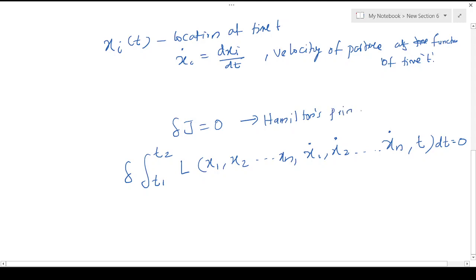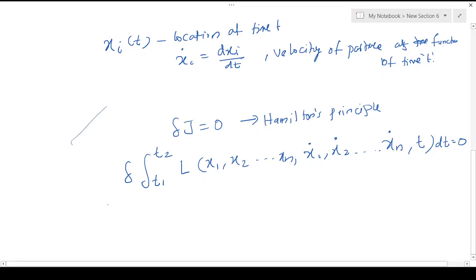In words, Hamilton's principle asserts that the motion of a system from t1 to t2 is such that the time integral of the Lagrangian, or the action, has a stationary value.